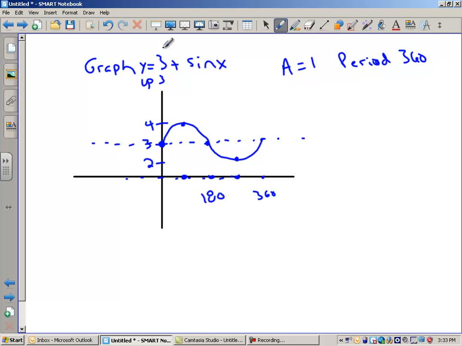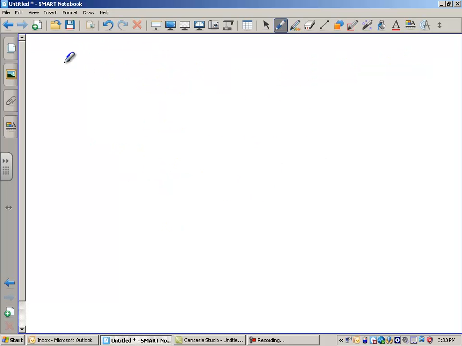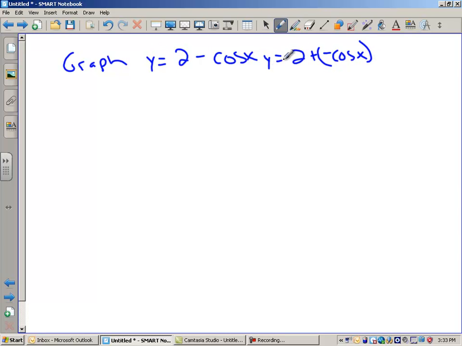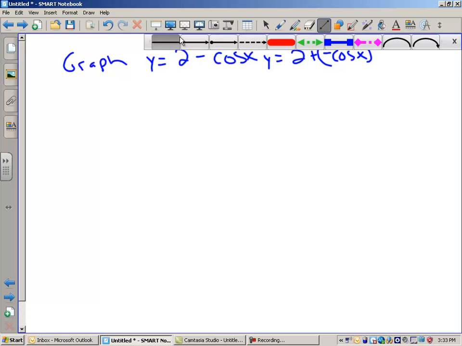All right, let's do another one. Let's graph 2 minus cosine x. And I want you to think about this as 2 plus negative cosine x. All right, so let's see what happens here.